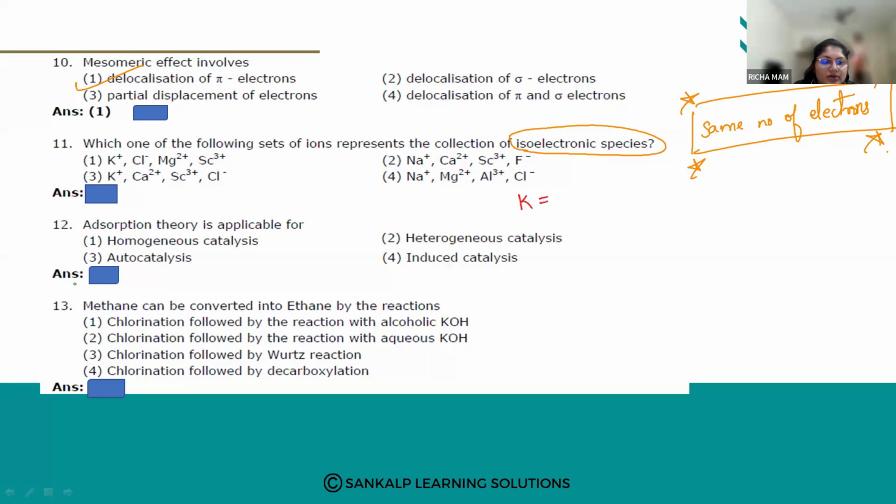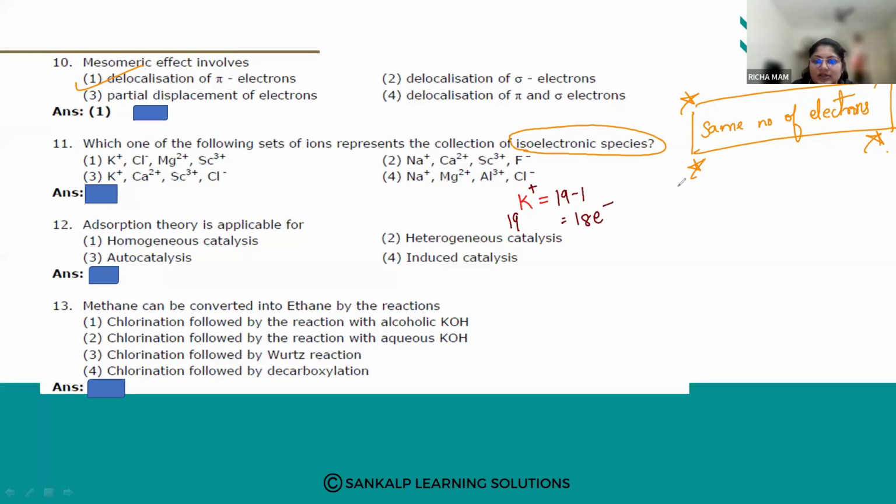The atomic number is 19. Now K plus: K plus means 18 electrons, because 19 minus 1 is 18 electrons.